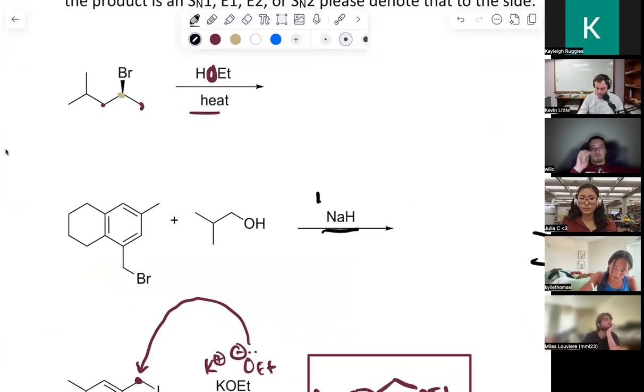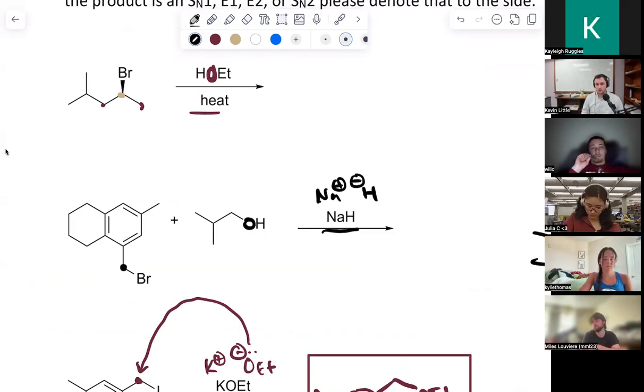All right, so I've got a base. I've got a nucleophile and I've got an electrophile. Do we agree? Yes. All right. So I've got a strong base. That means that I have to watch out for eliminations, right?